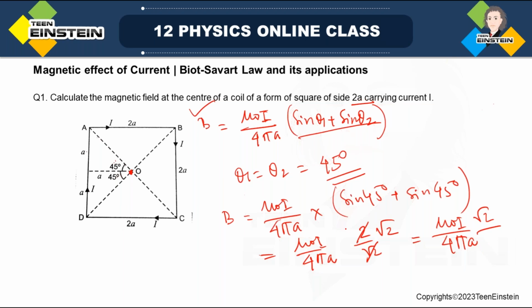Now, this is for only one arm. If I have to calculate magnetic field due to the other arms, there are 4 arms, and at the center we have to calculate the magnetic field. As you know, magnetic field follows the superposition principle, so we can add them up.